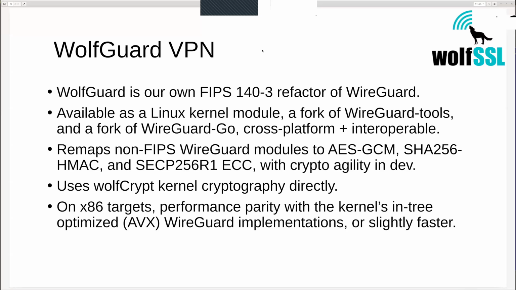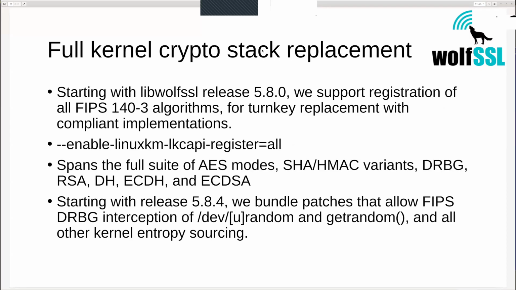And we do make use of the hardware intrinsics for accelerating the SHA operations and the AES operations under the hood also in WolfGuard. And I guess probably the single biggest thing to spotlight here, since we last did this presentation, is that whereas a year ago we were only replacing AES-XTS in the kernel, now we replace 45 algorithms, including all AES modes, all the SHA and SHA-HMAC variants, including SHA-2 and SHA-3 and SHAKE.